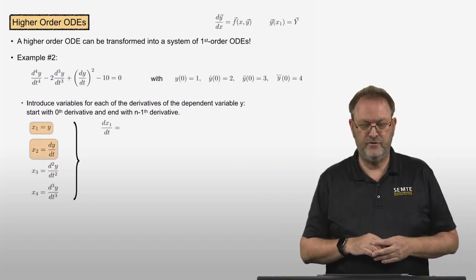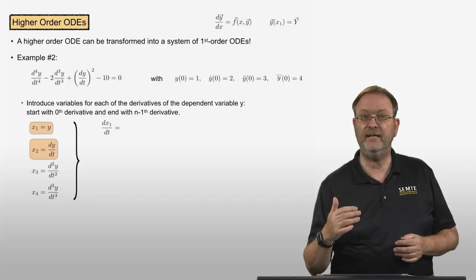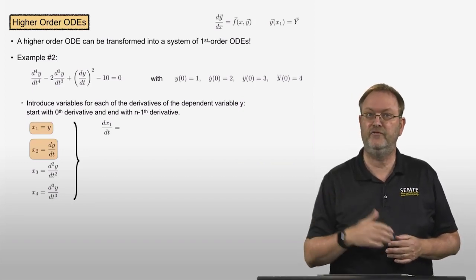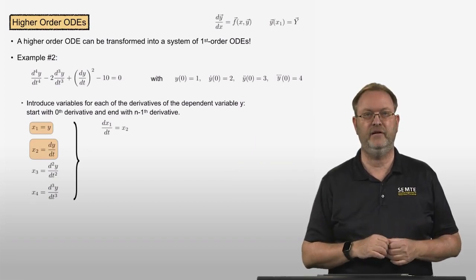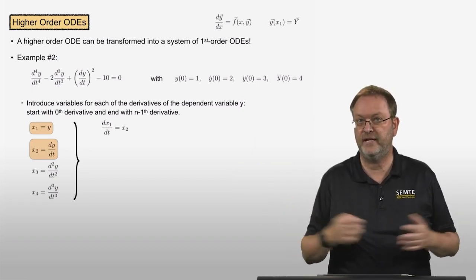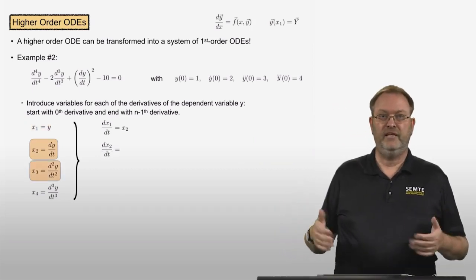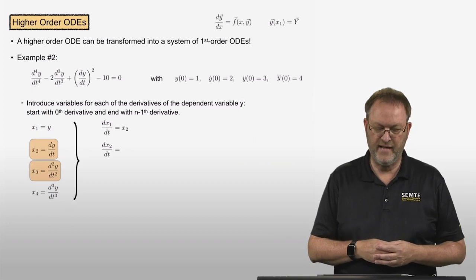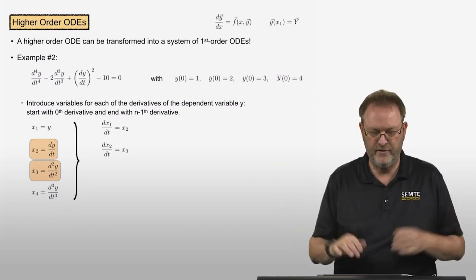And now what I have to realize really is this, that if I take the derivative of the first variable, I simply get the second variable. So dx1 dt is equal to x2. If I take the derivative of the second variable, then I will simply get the third variable. That's by definition.